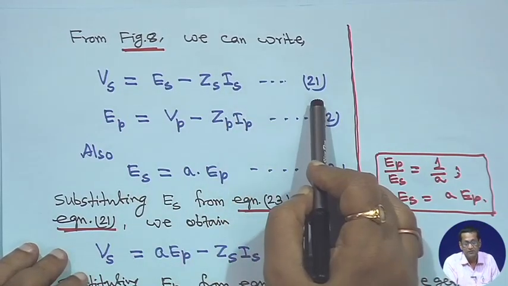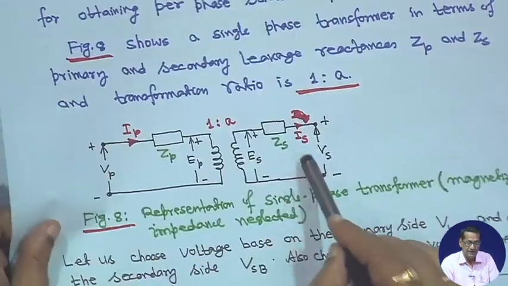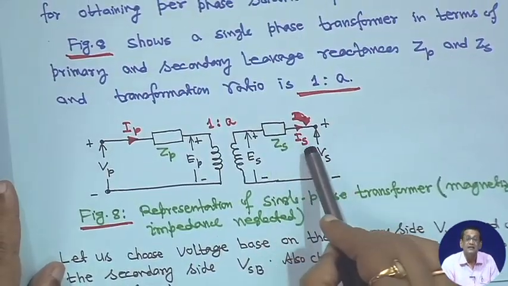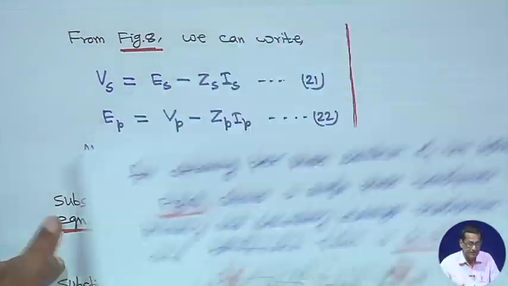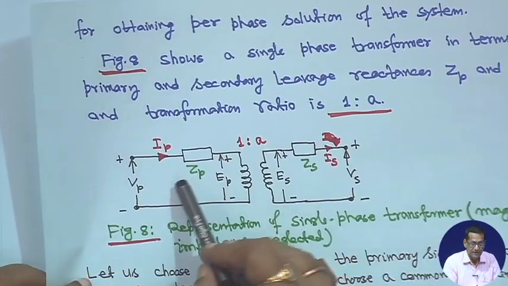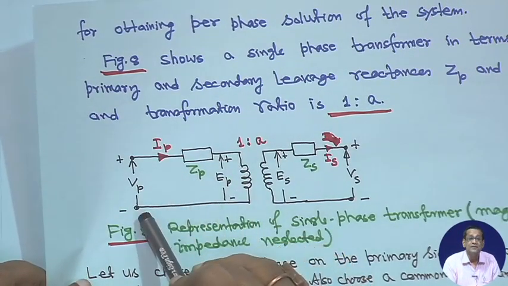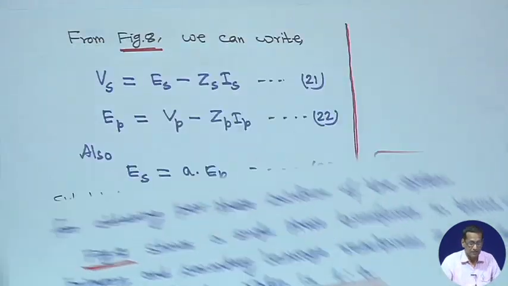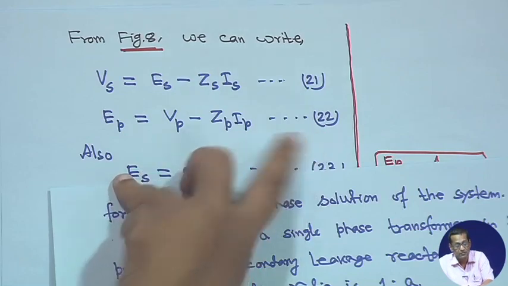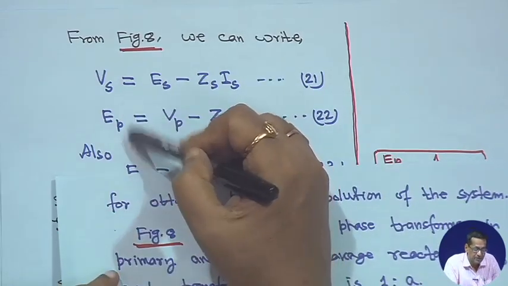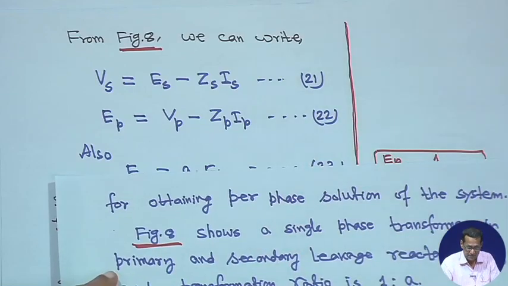This is equation 21. We are writing this equation from figure 8 on the secondary side by applying KVL. Similarly, on the primary side, IP into ZP plus EP minus VP is equal to 0. Therefore, EP is equal to VP minus ZP into IP. This is equation 22. So, these two voltage equations are written for the secondary side and the primary side.